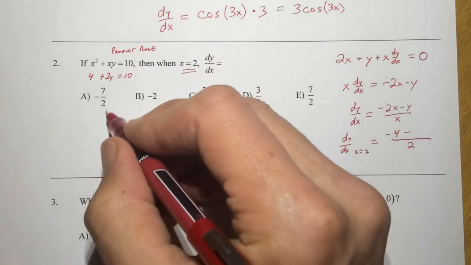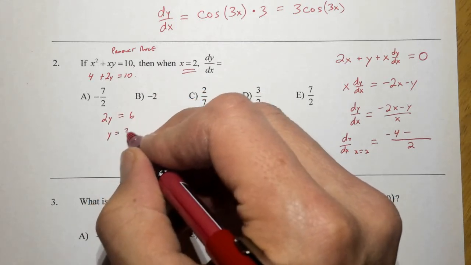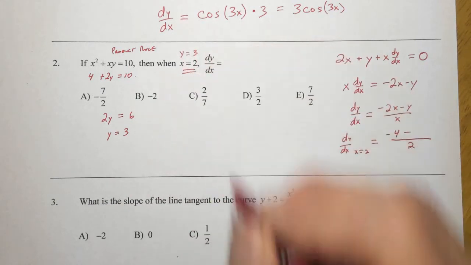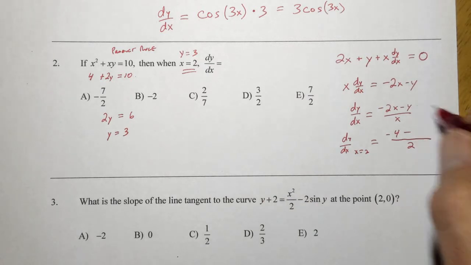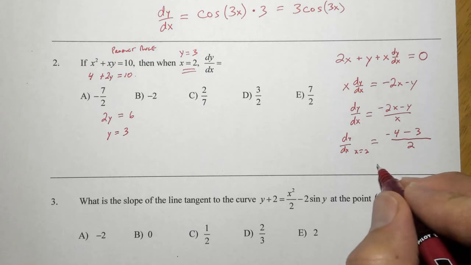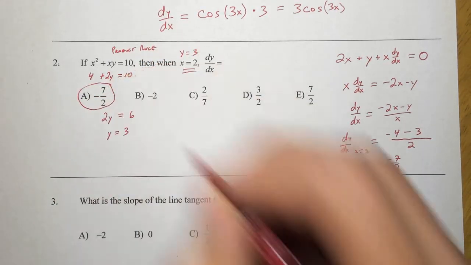Right, which allows us to solve for y because we now see that 2y is equal to 6 and y is equal to 3. So when x is 2, y is 3. Right, they were requiring you to find that. We can now replace this y over here with a 3. So we end up having negative 4 minus 3, or negative 7, all over 2. So our answer is A.